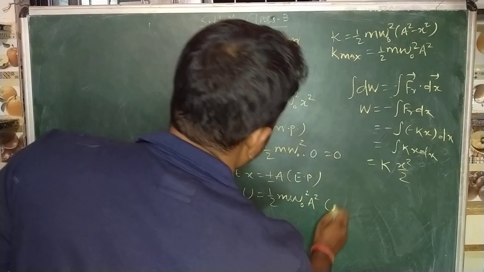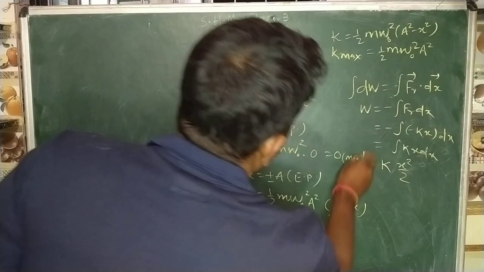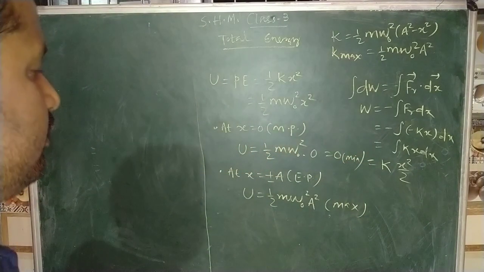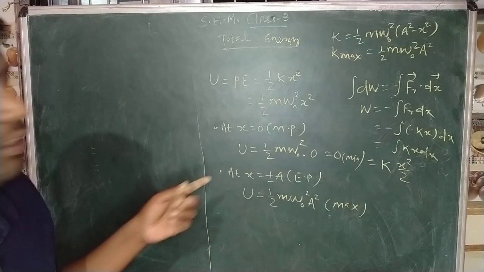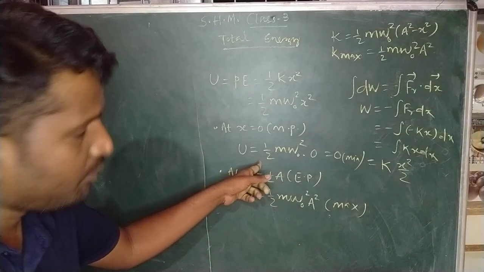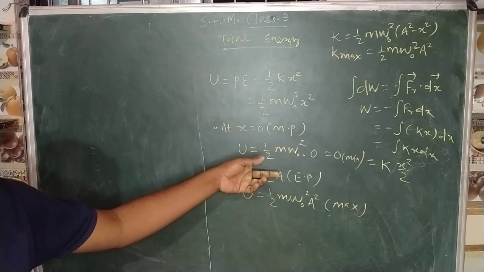This is maximum. The other is minimum. So what have you seen here? The position where our kinetic energy is maximum is the position of minimum potential energy.